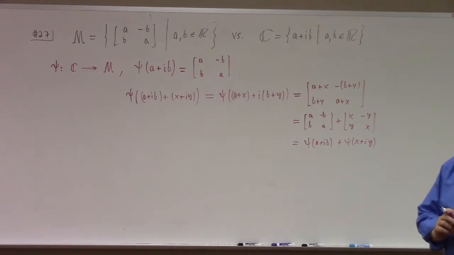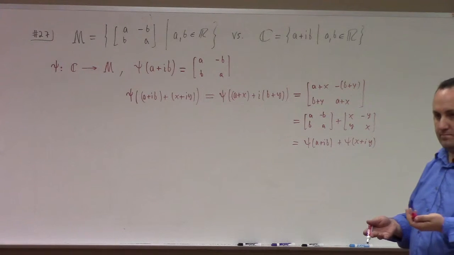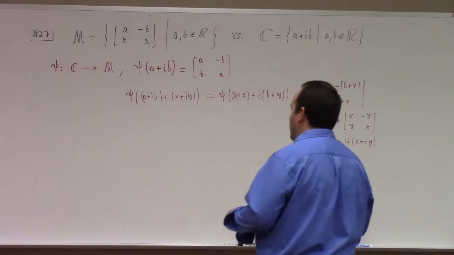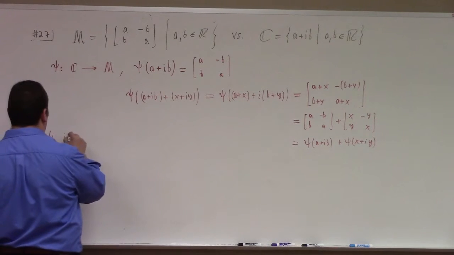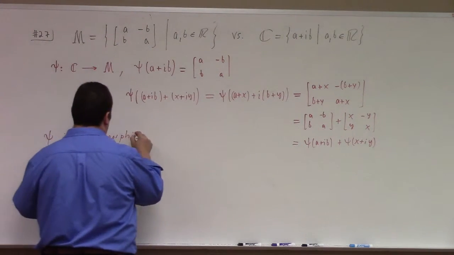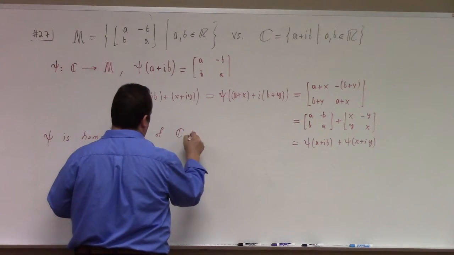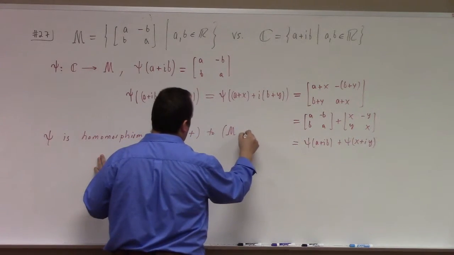Nothing is terribly difficult, though. So that shows that this is a homomorphism. To be more clear, psi is a homomorphism of the complex numbers with addition to these matrices with addition.